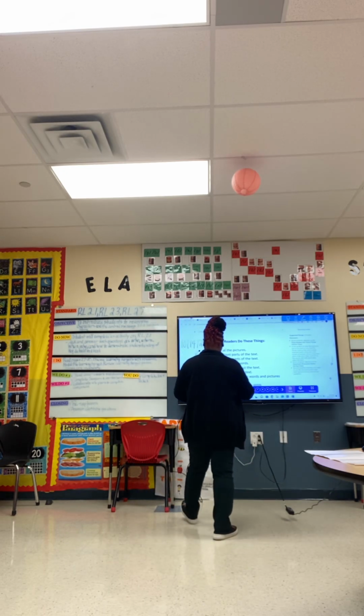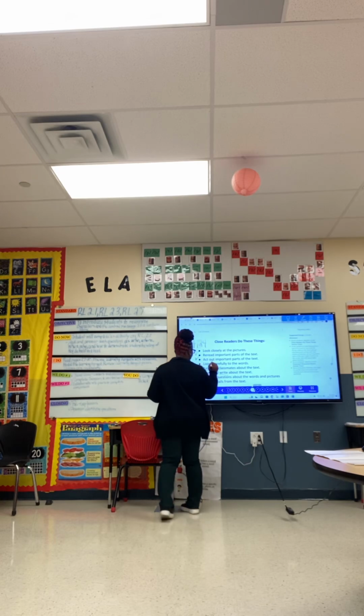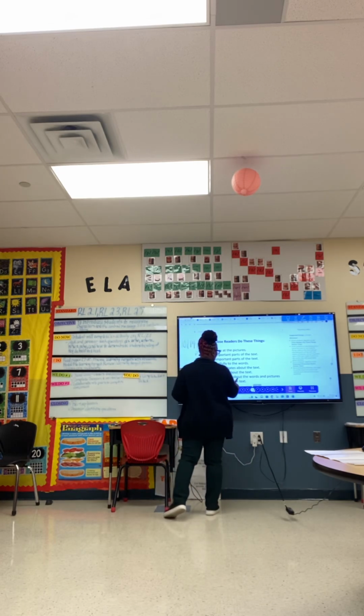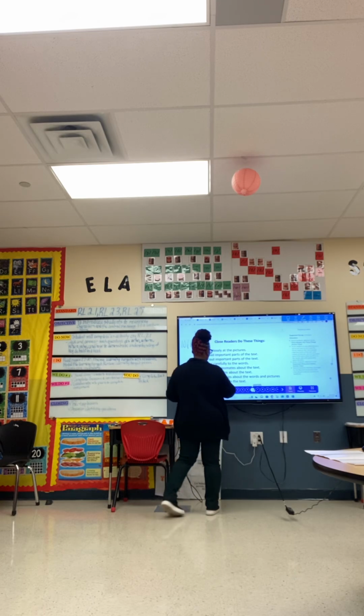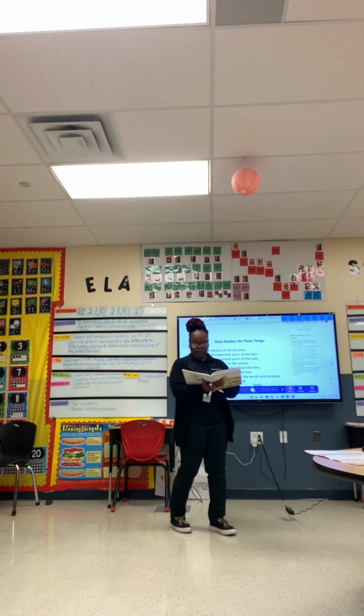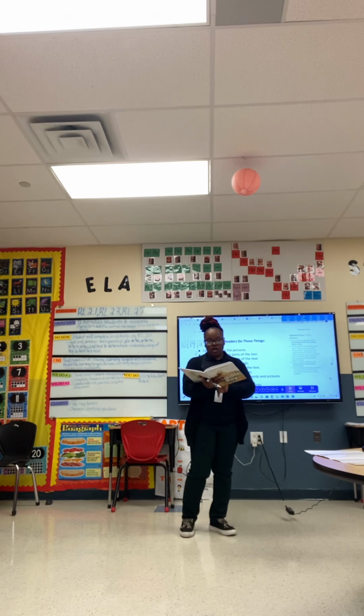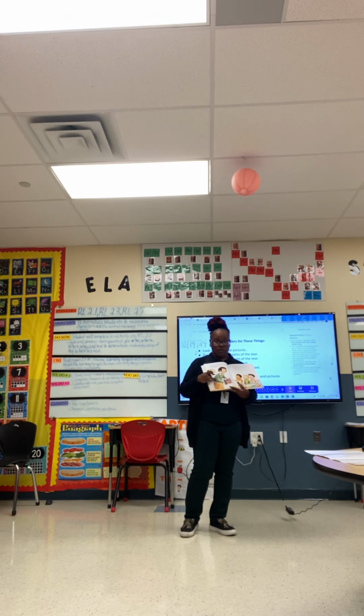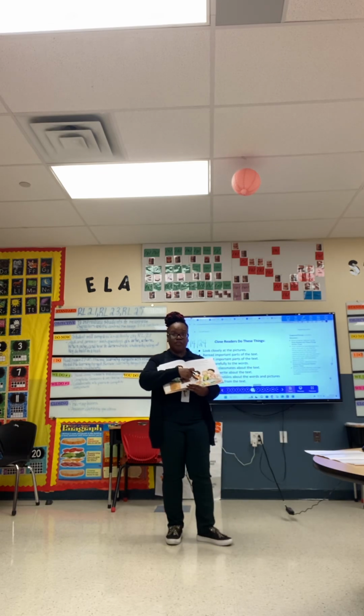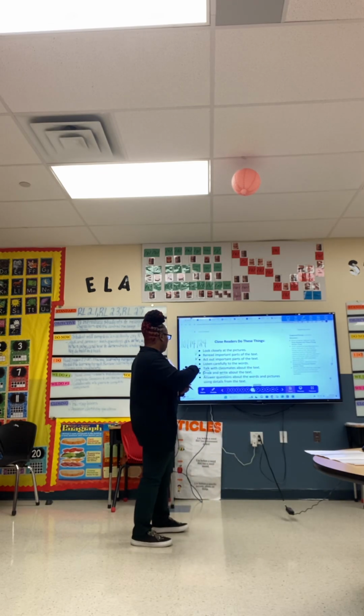All right, and then we're gonna put a check right here, and then it says answer questions about the words and pictures using details from the text. So let me just go to another page. All right, and we were on this page. Okay, who is this? Miss Carlotti, and then they have the students, right? Yes. So we can look at these pictures.